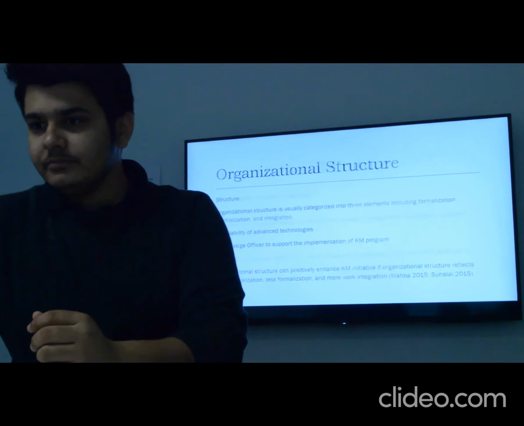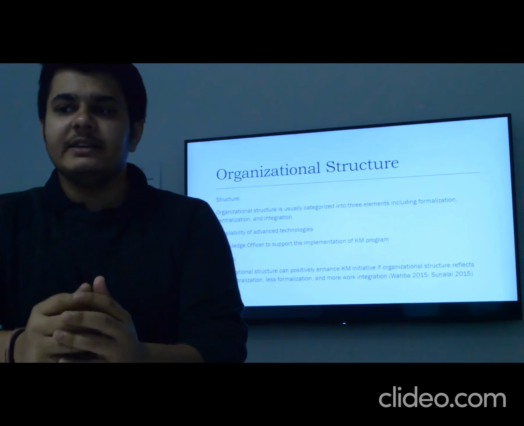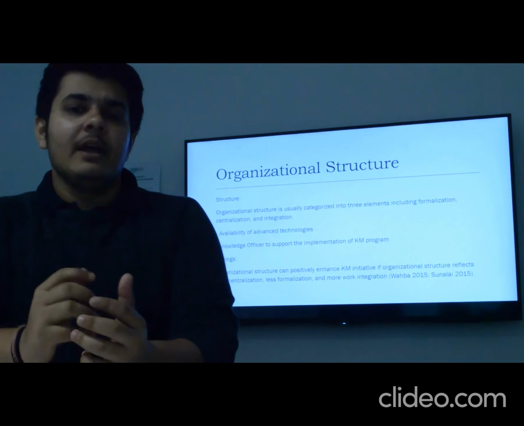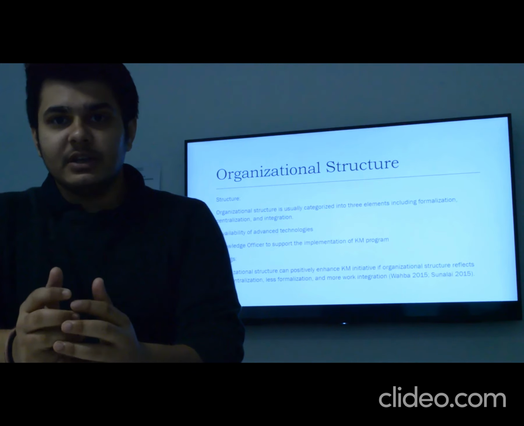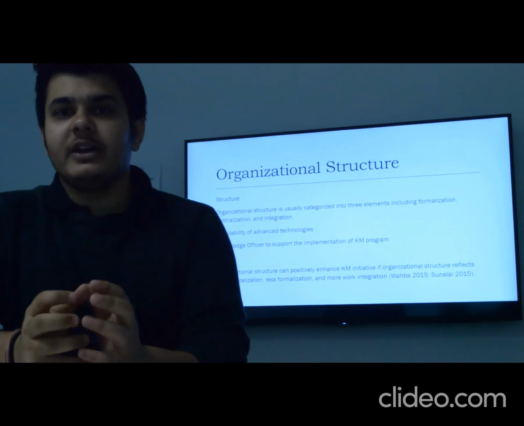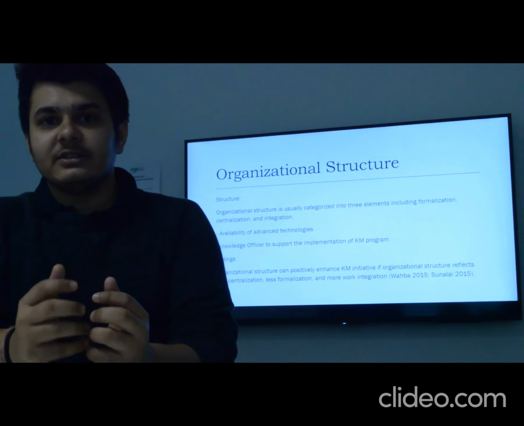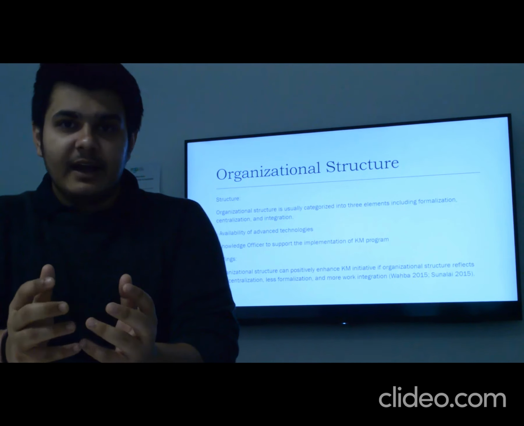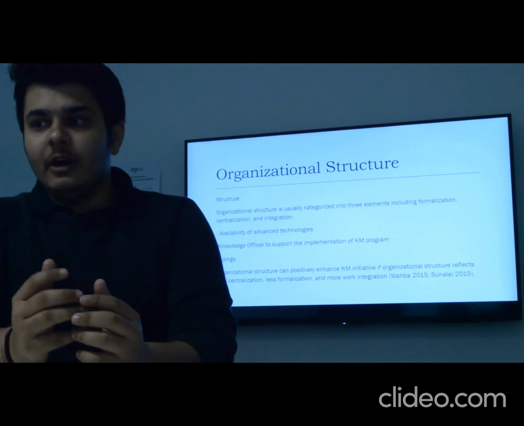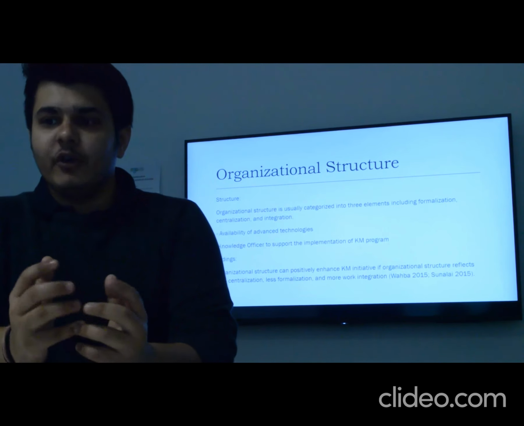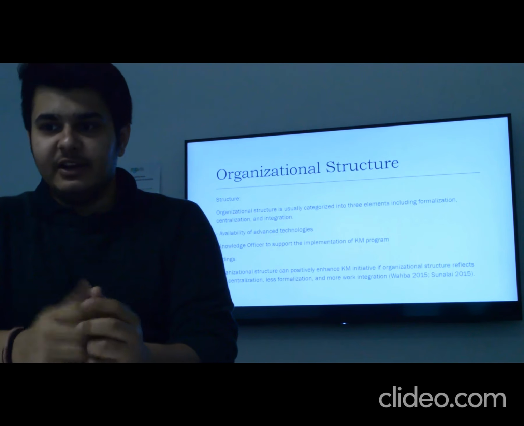The second driver is organizational structure. Organizational structure is a subset of organizational culture. It is usually categorized into three elements: formalization, centralization, and integration.